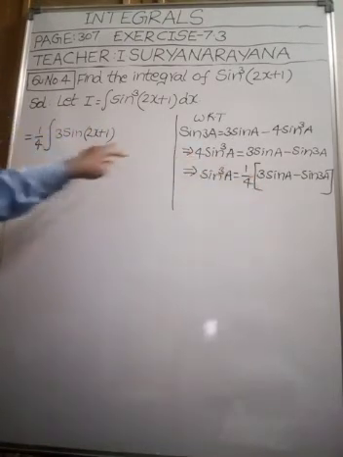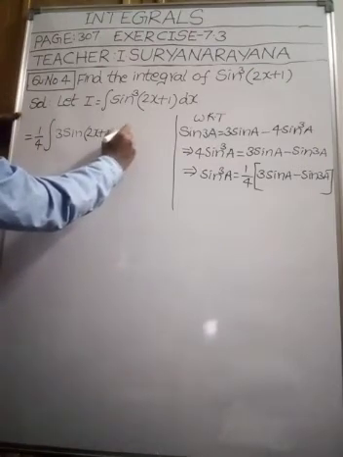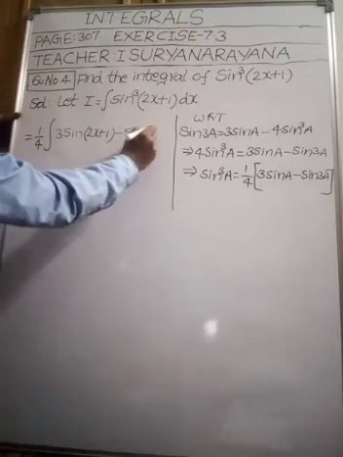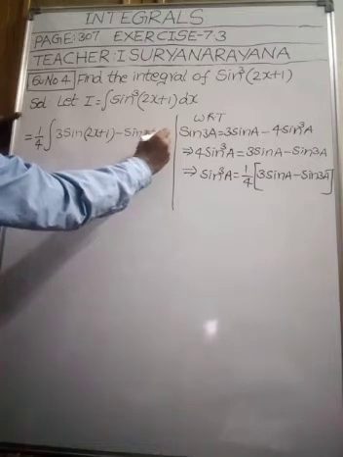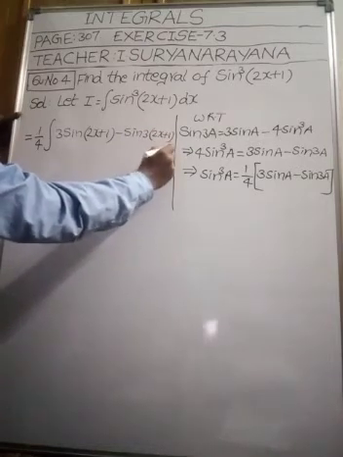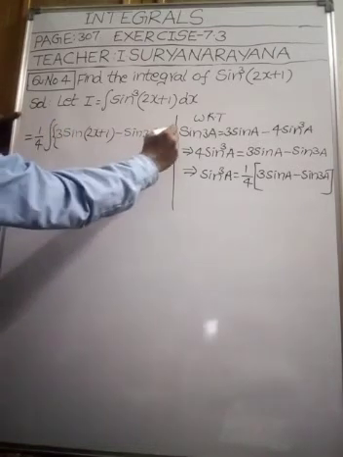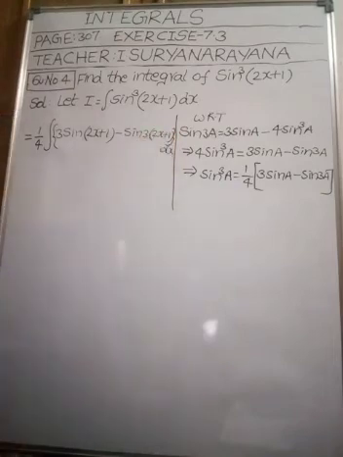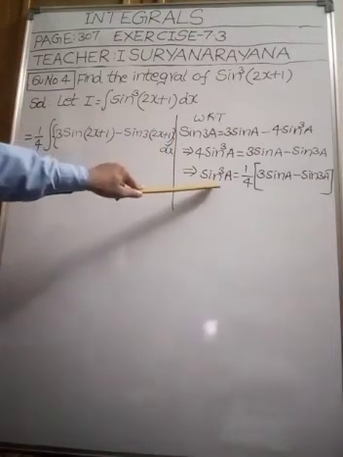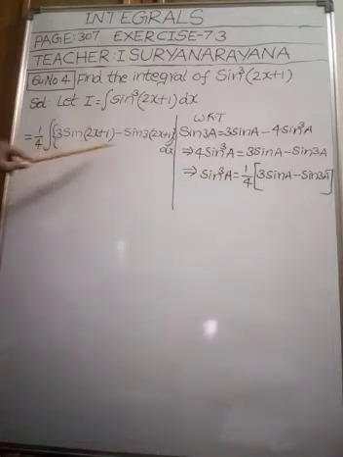Understood this first term, my children? Minus sin 3A, that is sin 3 of 2x plus 1 dx. Understood this step? I used this trigonometric identity, then we got this step. Understood these two terms, my children?